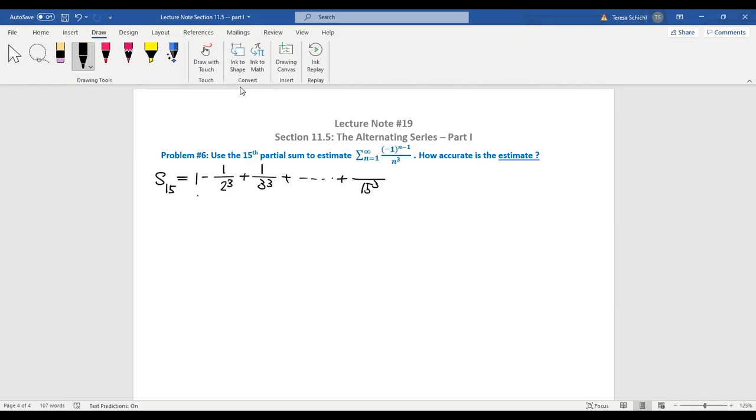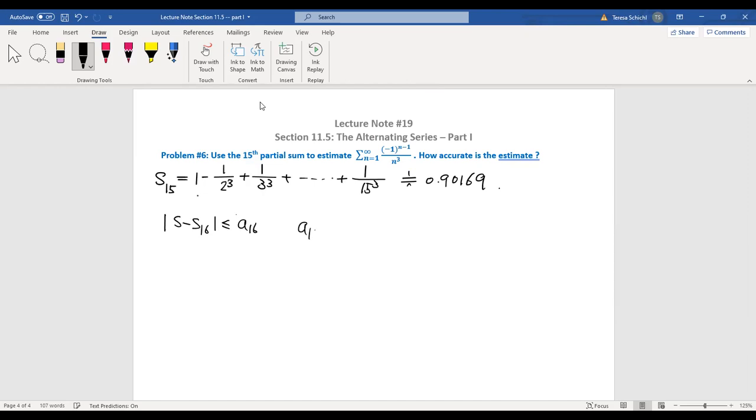The sign for 15 is positive, since 15 minus 1 is 14, an even number. If you add all this together, it will become pretty close to 0.90169 here. So let's see how close it is to the sum. The error will be less than or equal to the absolute value of a16, right?